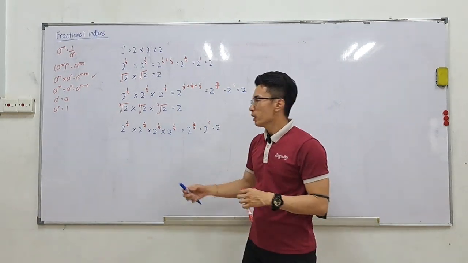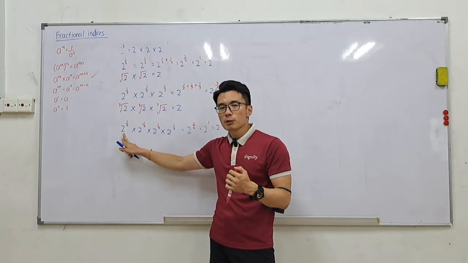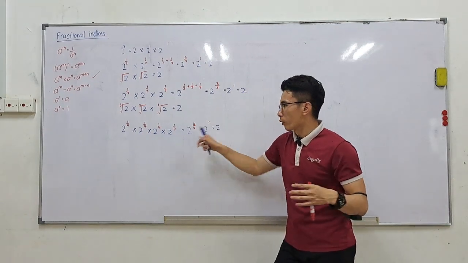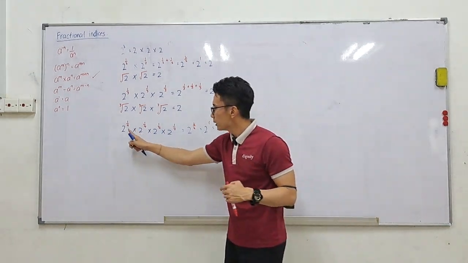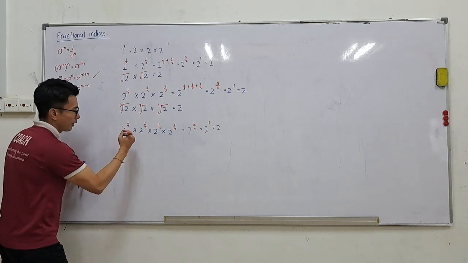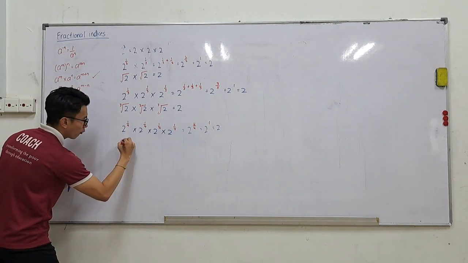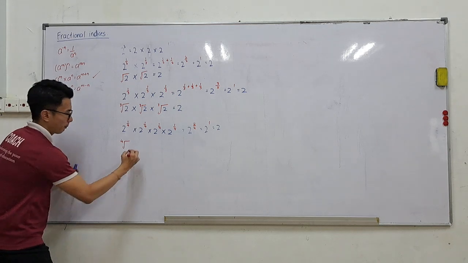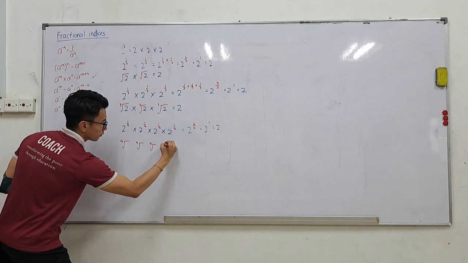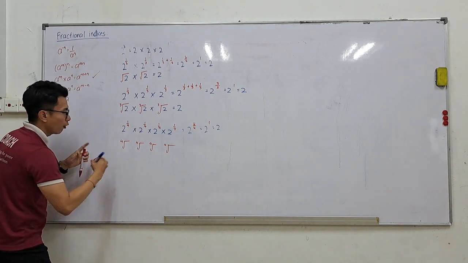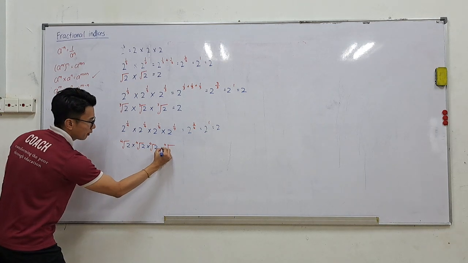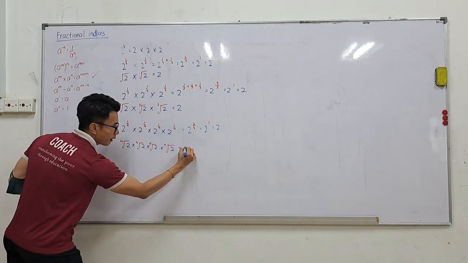So this number multiplied by itself 4 times gives 2 again. This will be the 4th root of 2. Again, you can check this with your calculator.